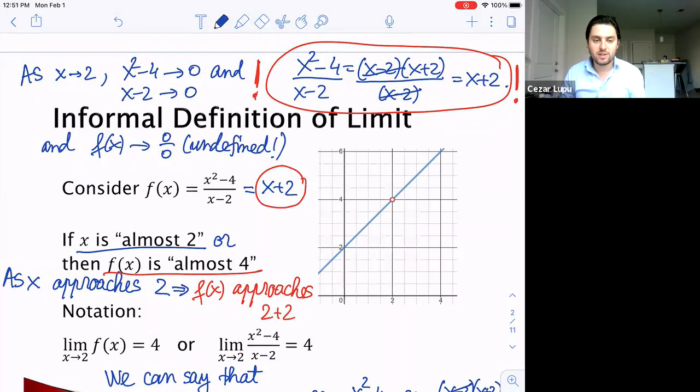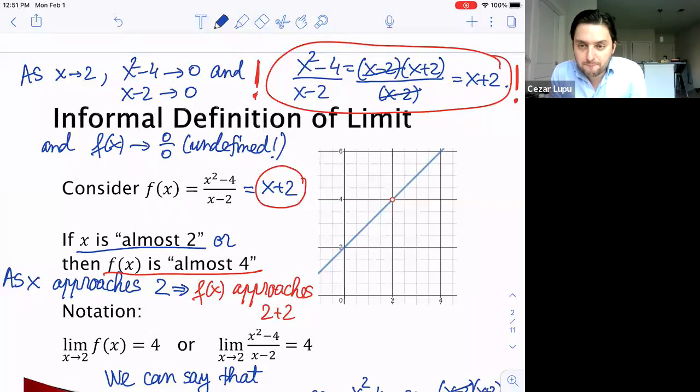And then you see that when you have something that is undefined, you need to come up with some magic trick, which, well, I wouldn't call this a magic trick, but this factorization of x squared minus 4 over x minus 2 will play an essential role in finding the limit, right? Is it clear for everybody what I'm saying?